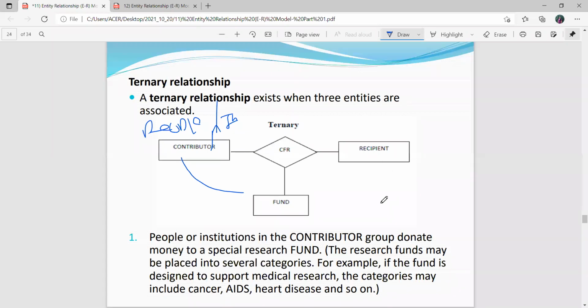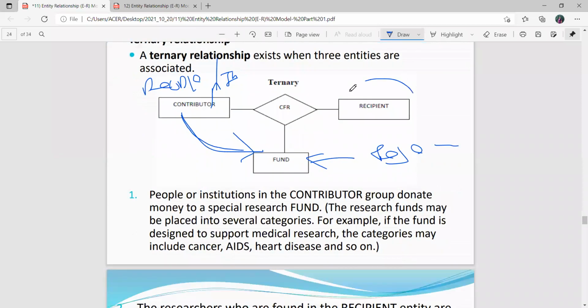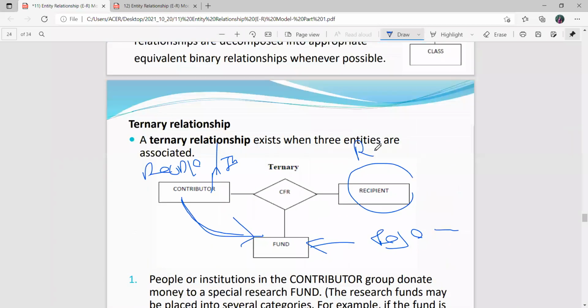That means the research work has a fund. So these people or this institute are going to fund this fund. After that, the recipient means researchers. Contributors means people or an institute, fund means any donation, recipient means researchers.